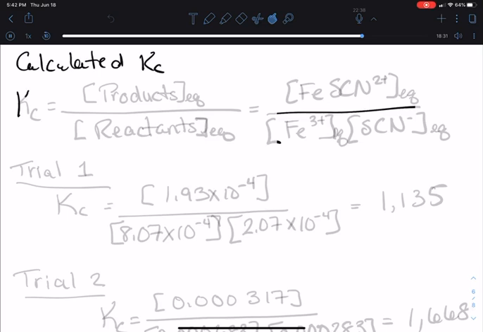Again, Kc, or the equilibrium constant, is equal to the concentration of products at equilibrium, divided by the concentration of reactants at equilibrium.